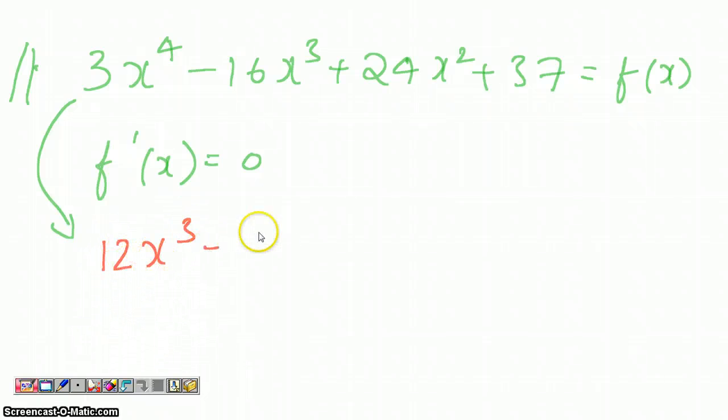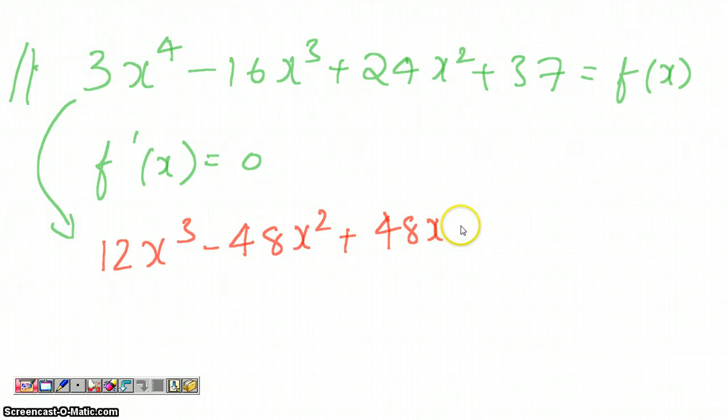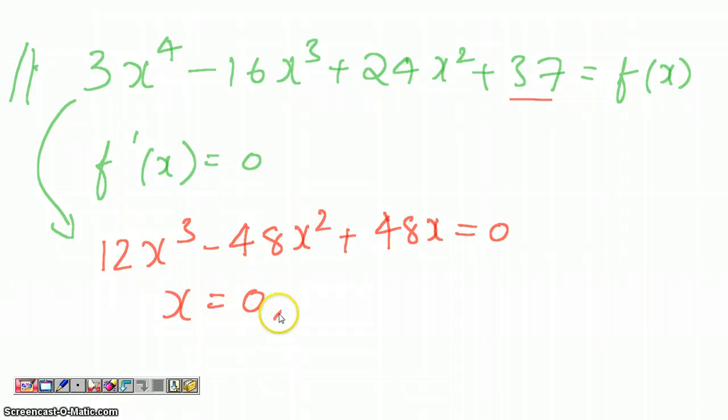12x cube minus 48x square plus 48x, which must be equated to 0. As you can see, you can take x common, and that implies that x equals 0 is a root of this.